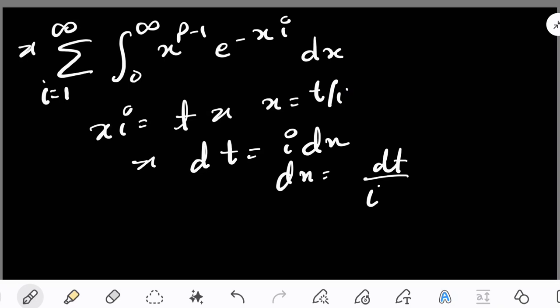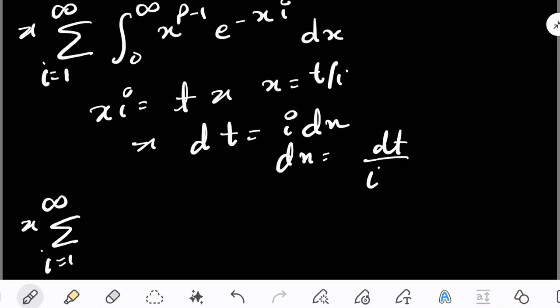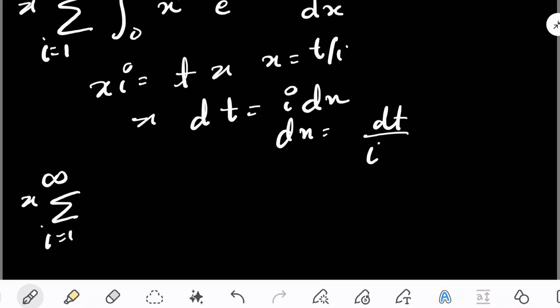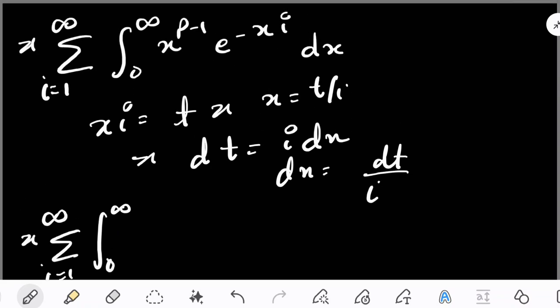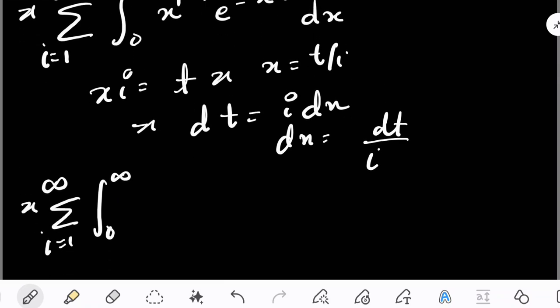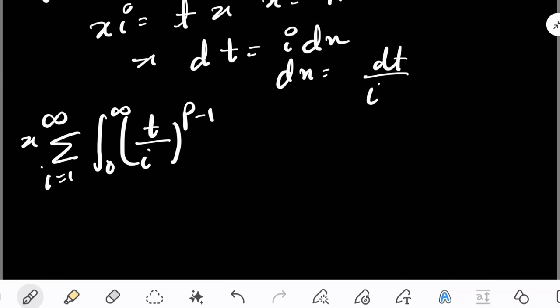Okay, so let's see. The summation will be as it is, i is equal to 1 to infinity, and when x is equal to 0, t is 0, and as x is tending towards infinity, t is also tending towards infinity. So the limits of integration won't change, and now we can write x as t upon i. So t upon i raised to the power p minus 1 into e raised to the power negative t dt, right?